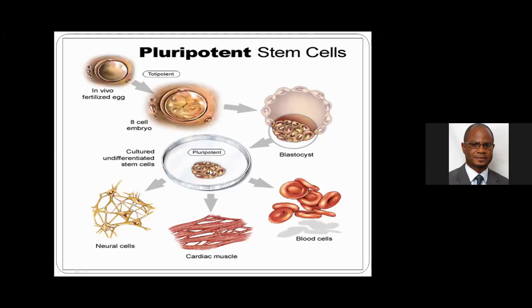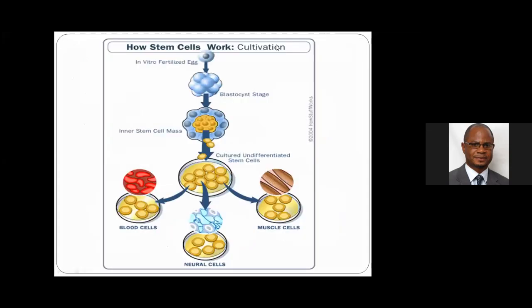Ethics doesn't allow it, but all cells come from the cells within the blastocyst, including blood cells coming out of it as well, okay? So here you have the blastocyst stage, then the inner stem cell mass. Remove this stem cell mass, and you can get blood cells, muscle cells, neural cells.